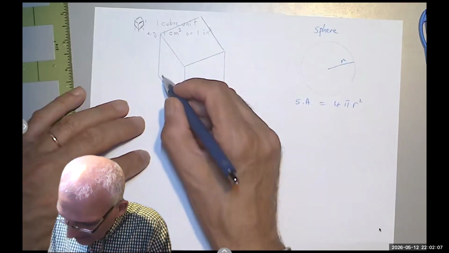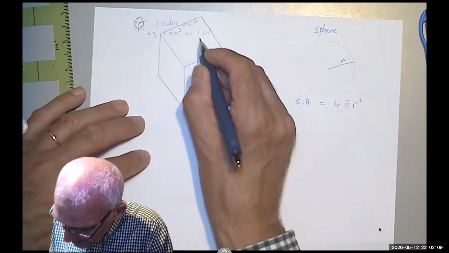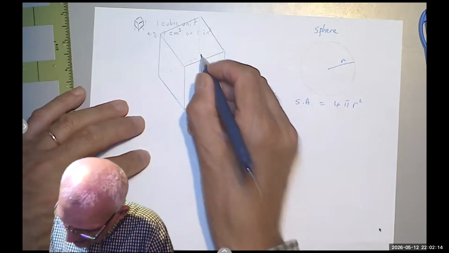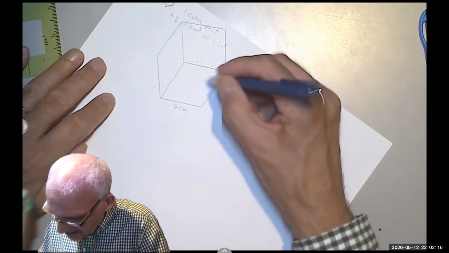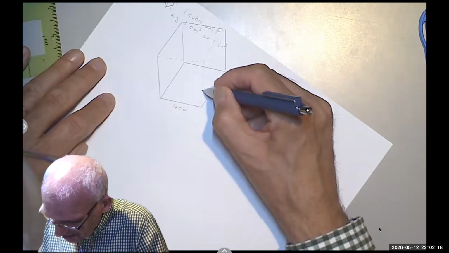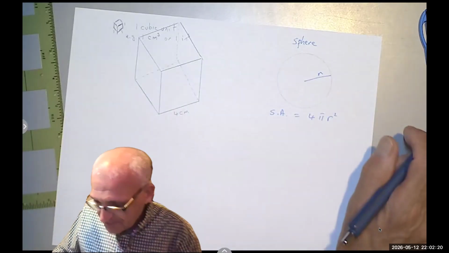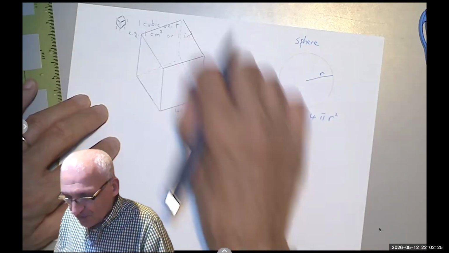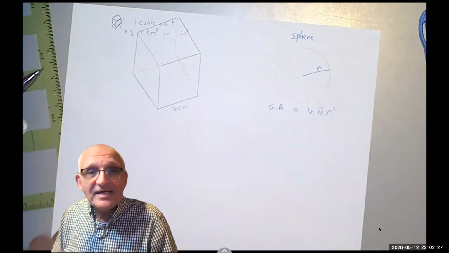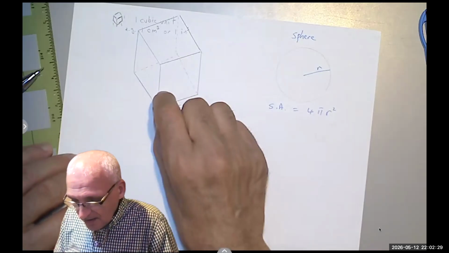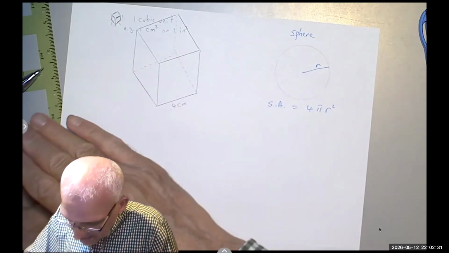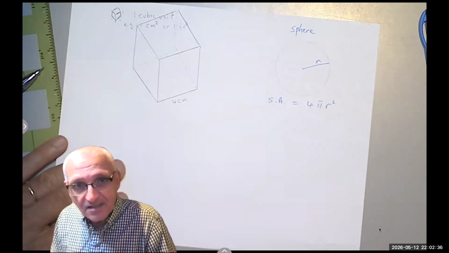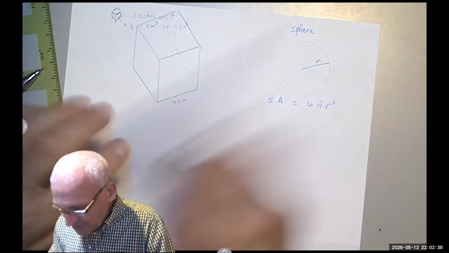So the bottom face will be covered by 16 such cubes, 4 here, and 4 and 4 and 4. But that's only one layer that has a height of 1. So if I place another 16 and another 16 and another 16, I get 4 layers of 16.